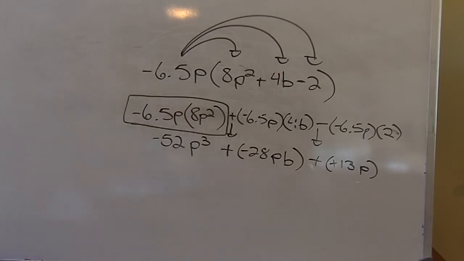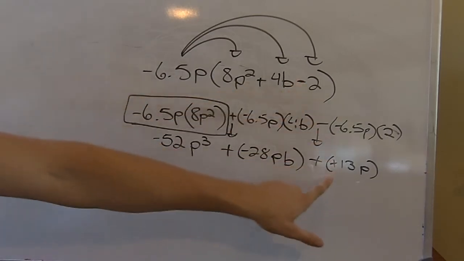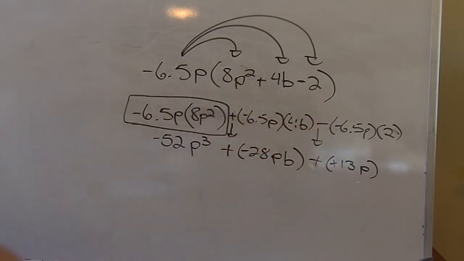There's just a lot of multiplying and a lot of keep flip changing to do. You could have done the keep flip change way back here in the beginning if you wanted to. That would have saved you from doing it at the end. Doesn't really change anything in the end. So just remember the steps and the order in which to complete them. Other than that, this is pretty simple.